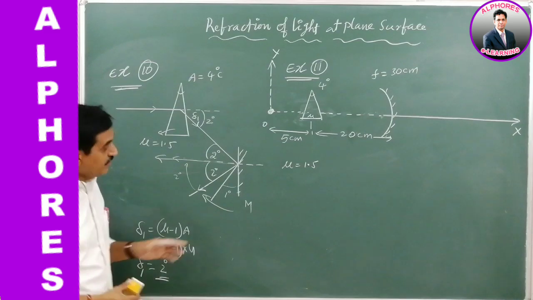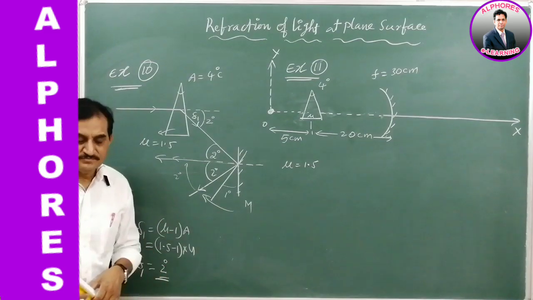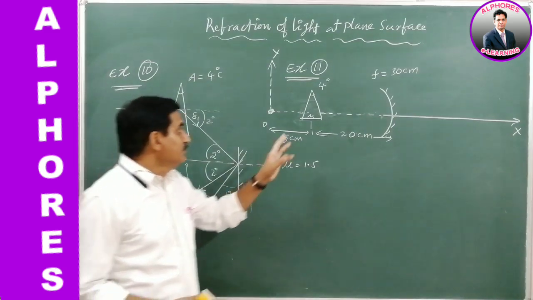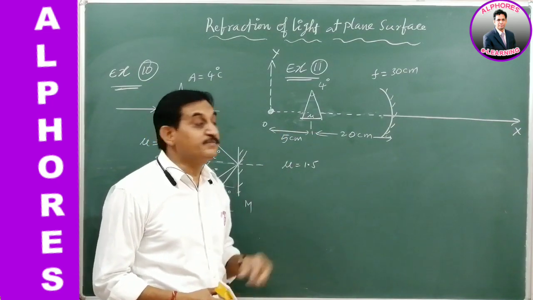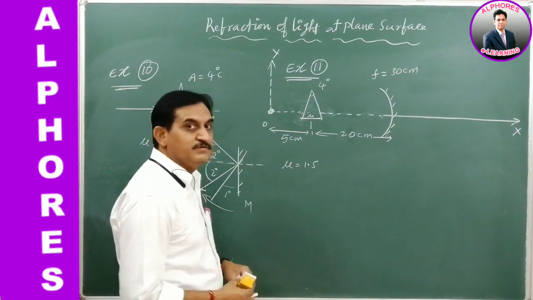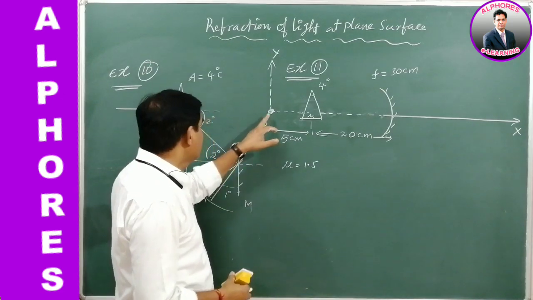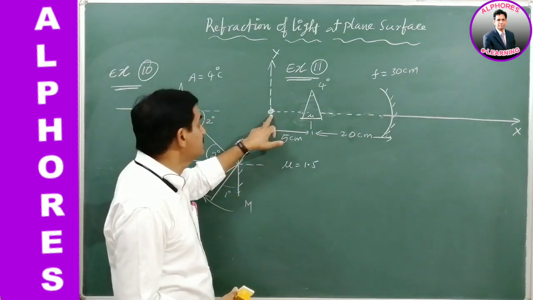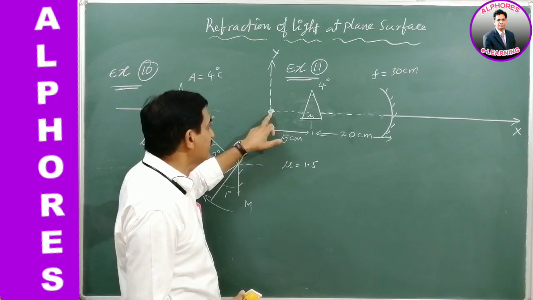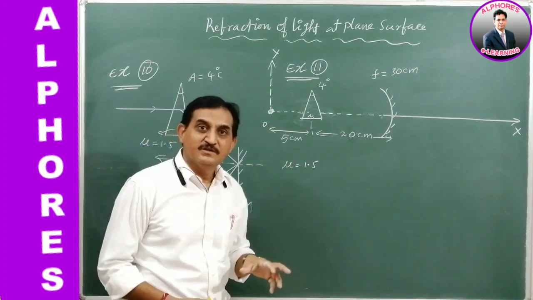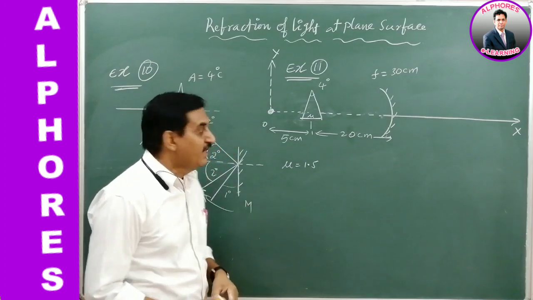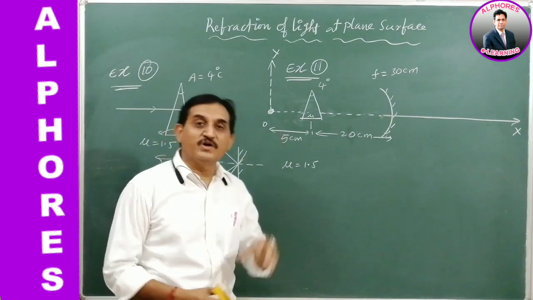Okay? Now, the question is, find the final coordinates of the image formed. Whose image? This object is kept at this location. This is the object, and the image formed by the concave mirror, those image coordinates are asked.